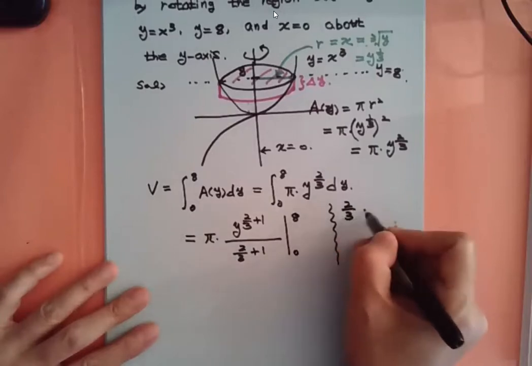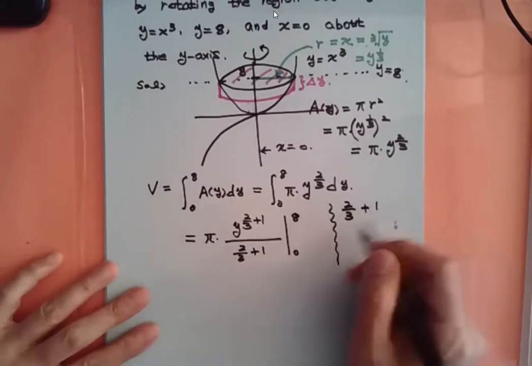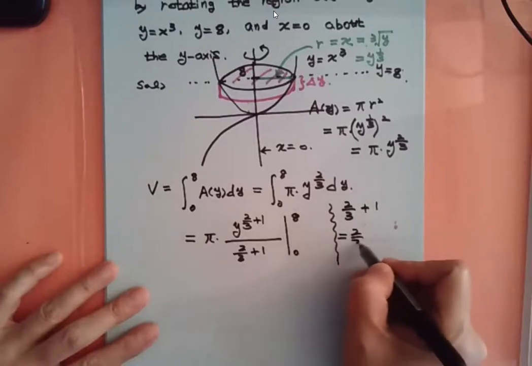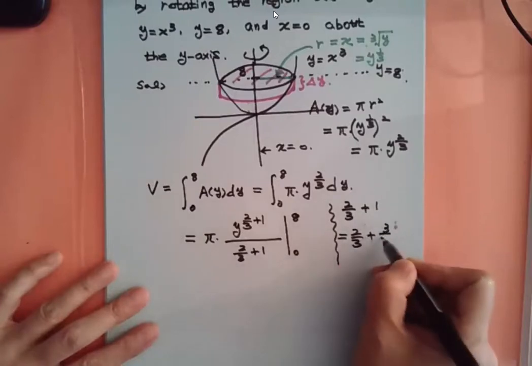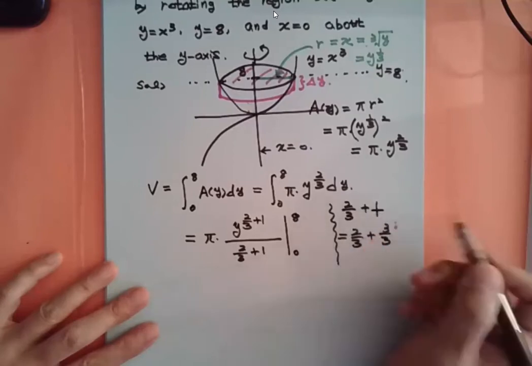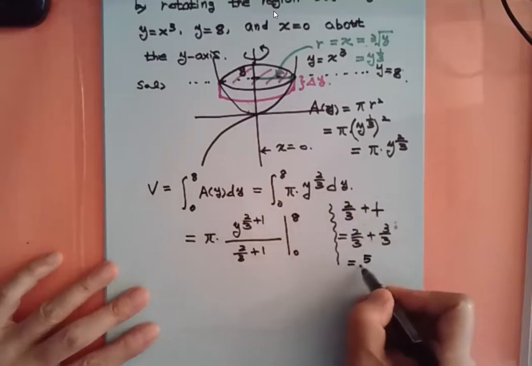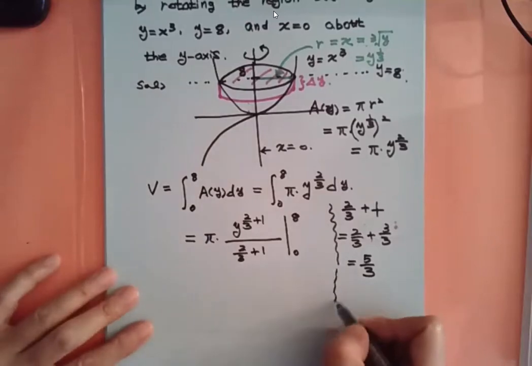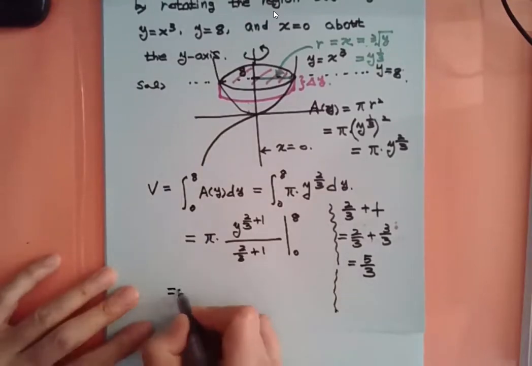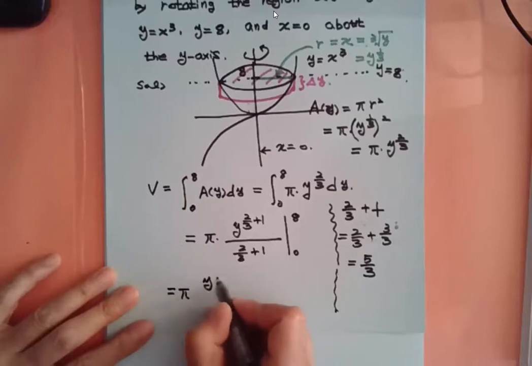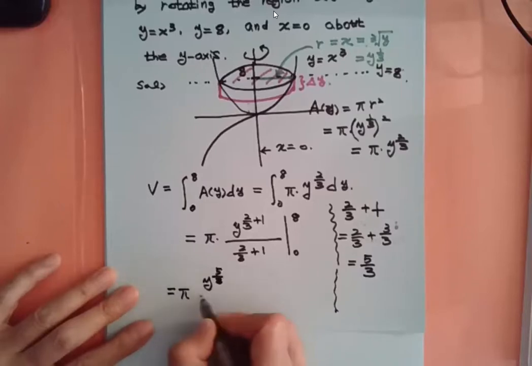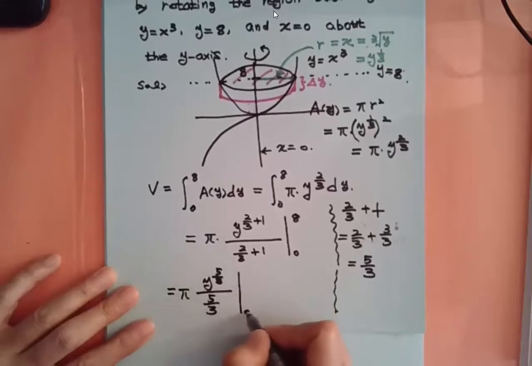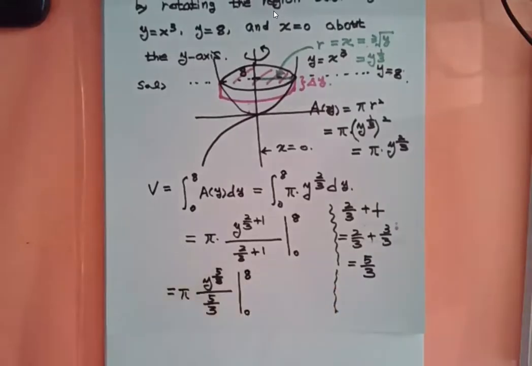So 2/3 plus 1, that is 2/3 plus 3 over 3 because 1 is 3 over 3. So that is 5 over 3. So that is pi times y to the 5/3 over 5/3 from 0 to 8.